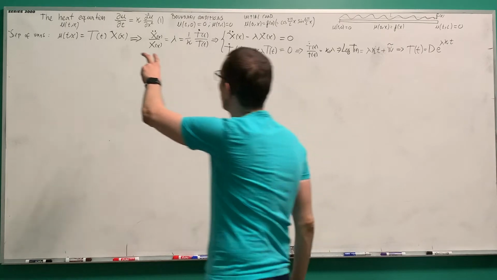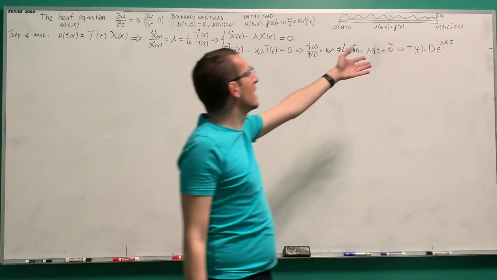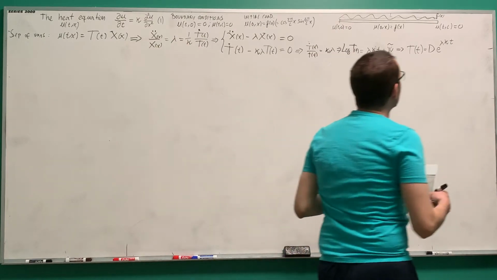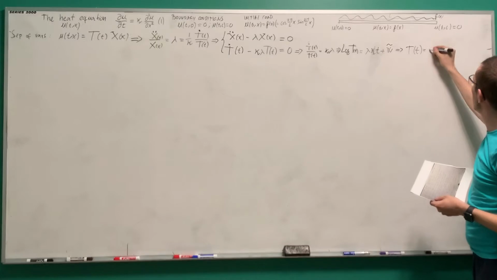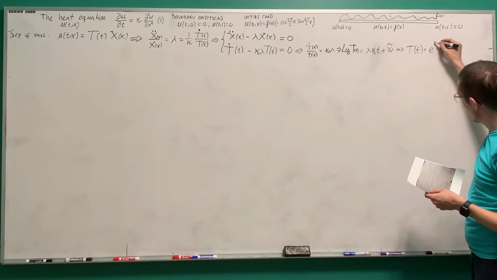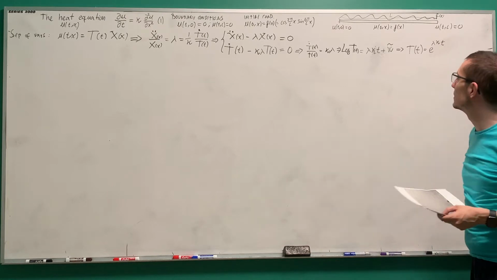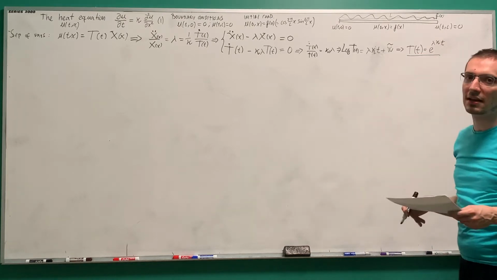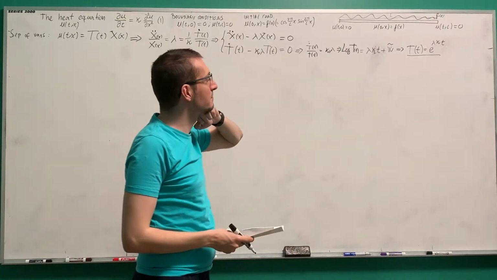You see there, this is a product, so the constant of integration here, I can reabsorb it in the other function. So let me, for simplicity, take this d equals 1, that I can in this case, and write this as e to the lambda kappa t. All right, this is, again, there would be an integration constant, but I'm going to reabsorb it in another integration constant that appears on the X. All right.